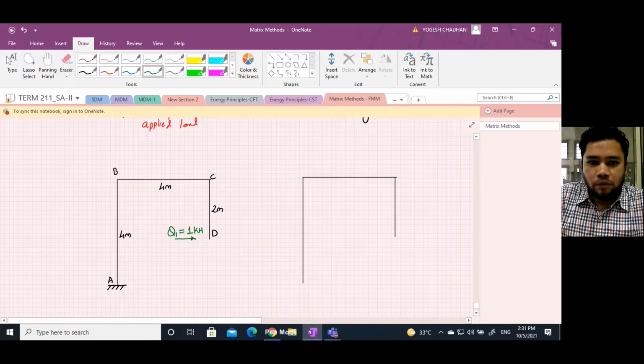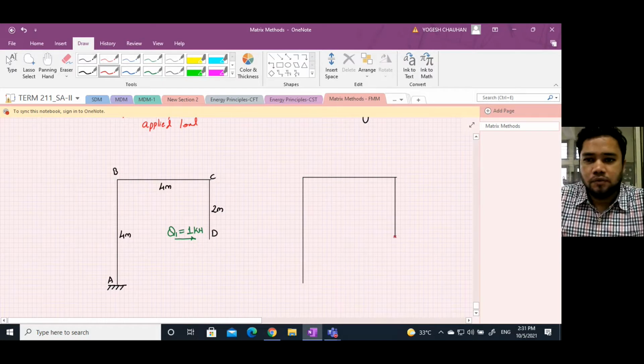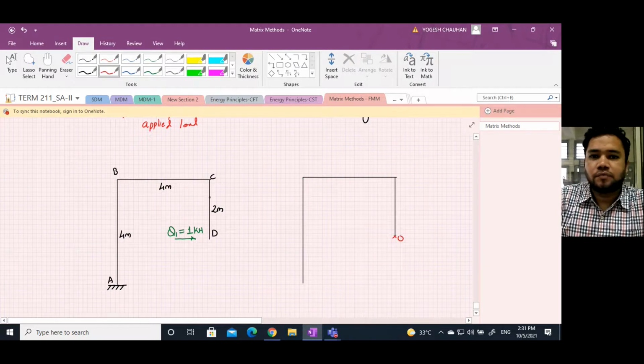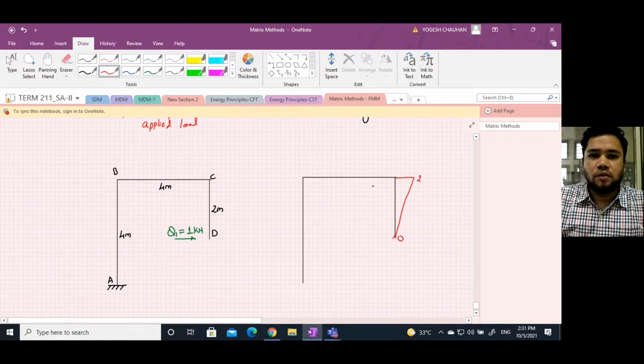So now when you apply 1 kilonewton here, the bending moment here will be 0 and the moment at C will be 1 into 2, so this will be 2 kilonewton meter.